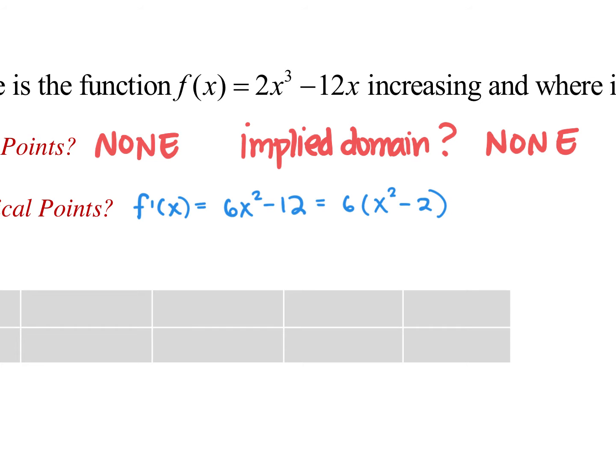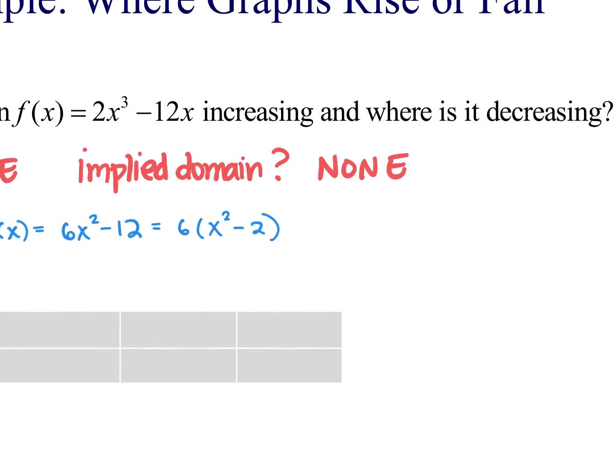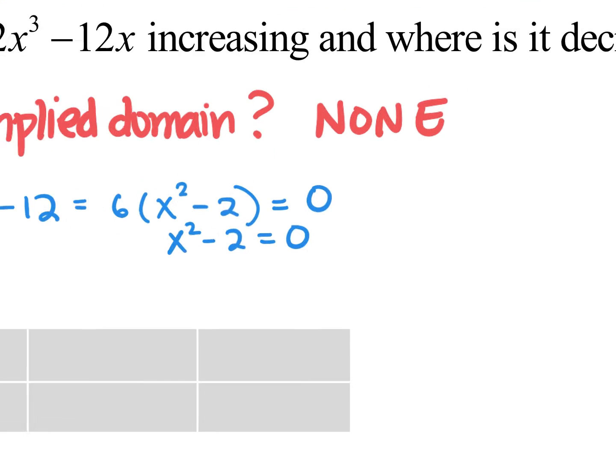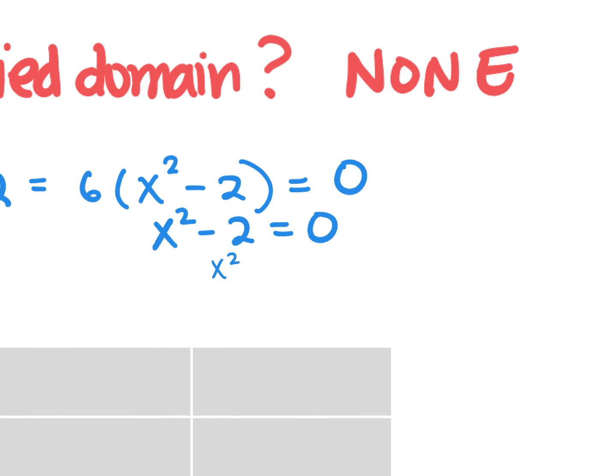I'm going to set that equal to 0. We divide both sides by 6, and then we add 2. Then we square root, and we get plus or minus square root 2.